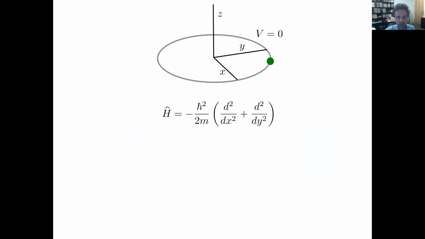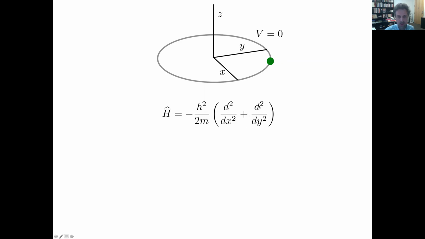So the Hamiltonian, in terms of x and y, is similar to the two-dimensional Hamiltonian we've seen before. There's this h bar squared divided by 2m that is always there, and then the second-order derivative with respect to x, and the derivative with respect to y.